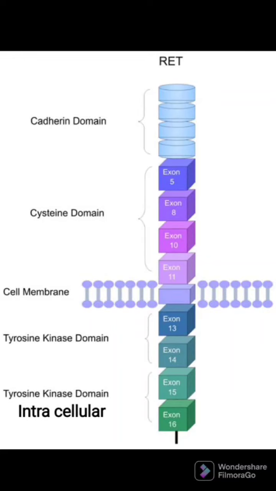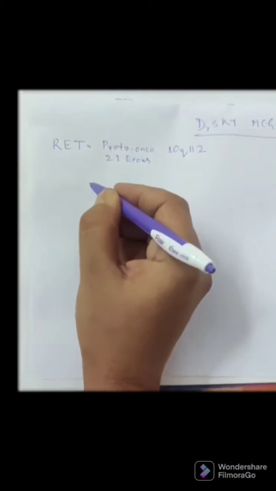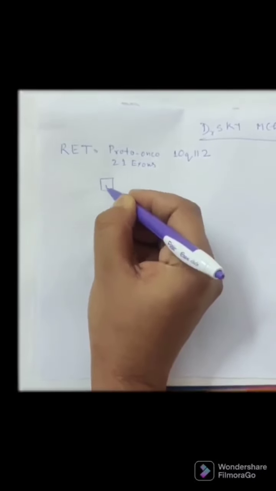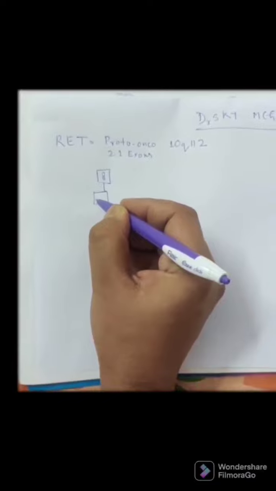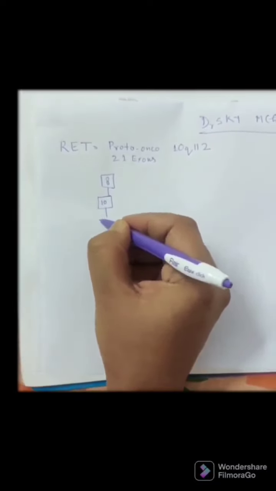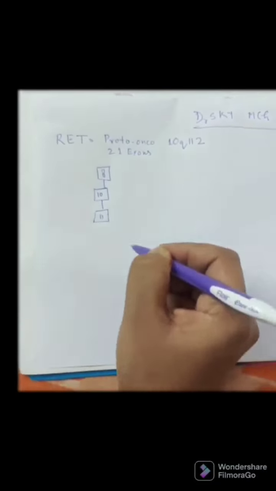I don't think this will be important, but in case a question comes, you can remember that the intracellular domain is the tyrosine kinase domain. For us, important exons are exon number 8, exon number 10, and 11. These are all extracellular.